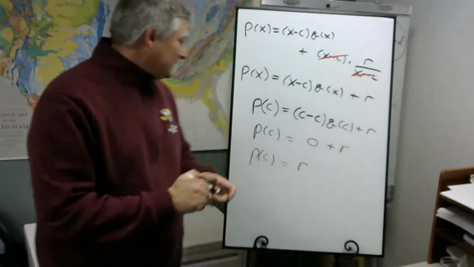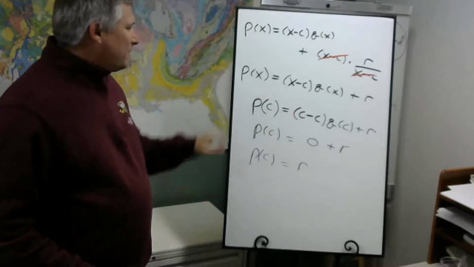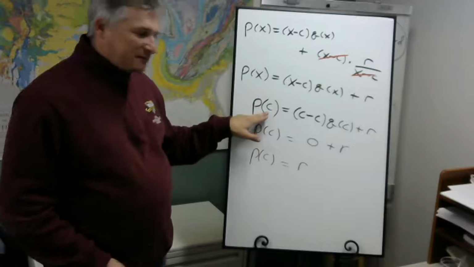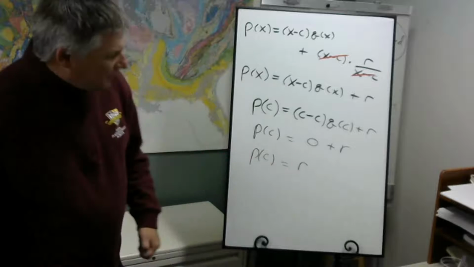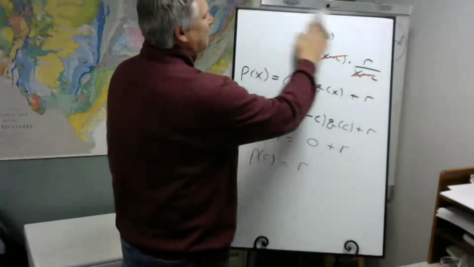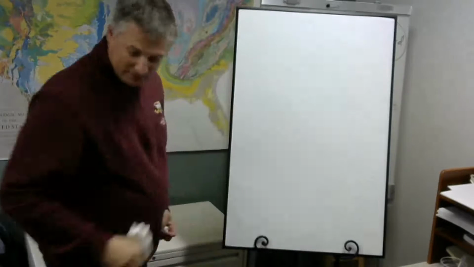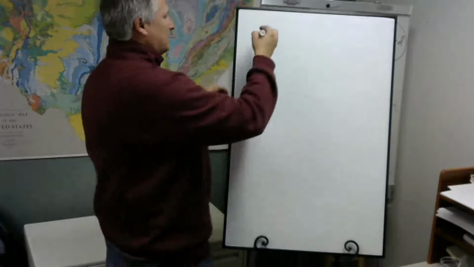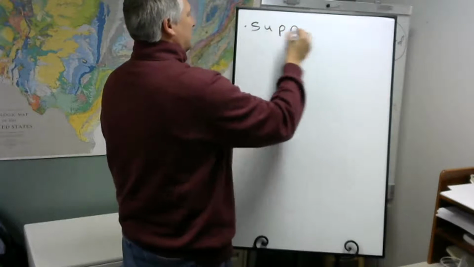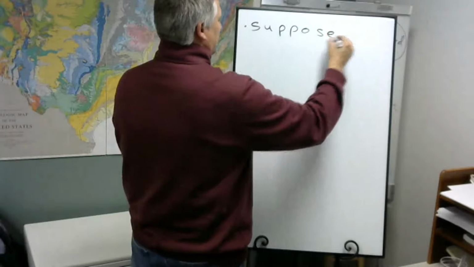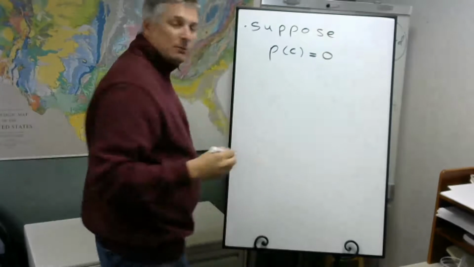Well, all right. Interesting. So if we divide by x minus c, and then we go back to our polynomial and we put c in for x, we get the remainder. So what happens if P of C is equal to 0?